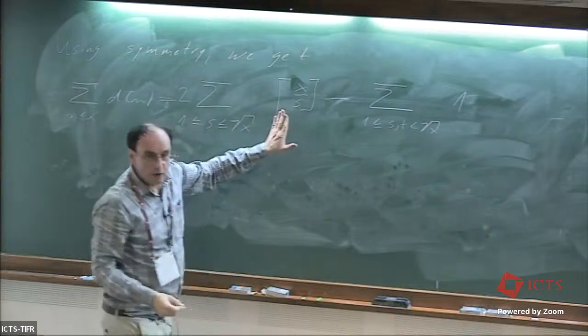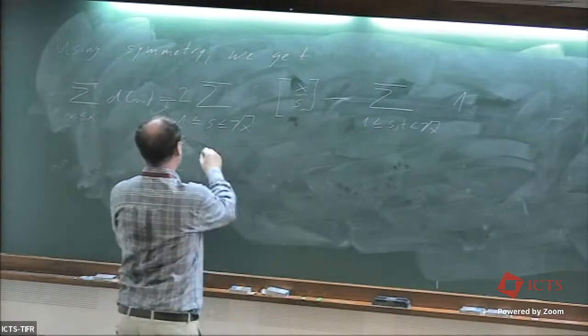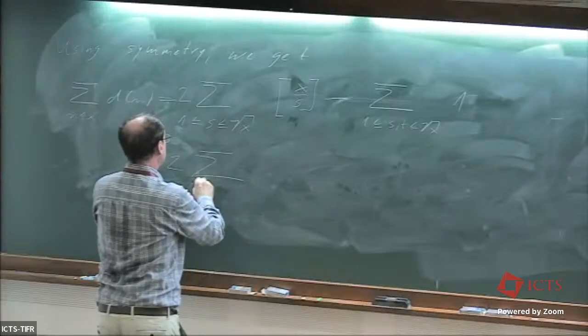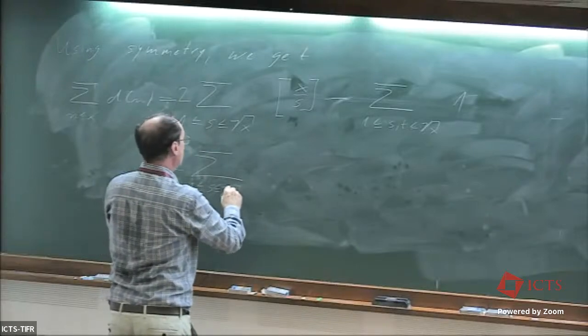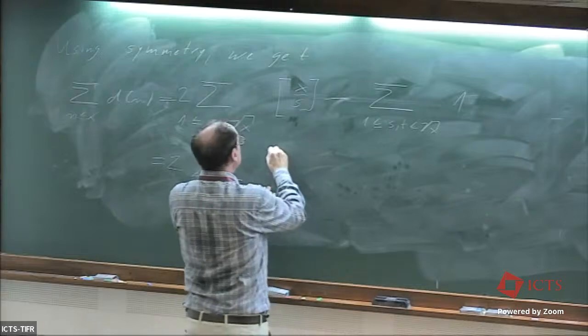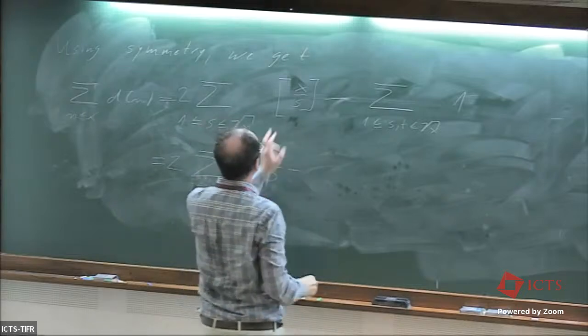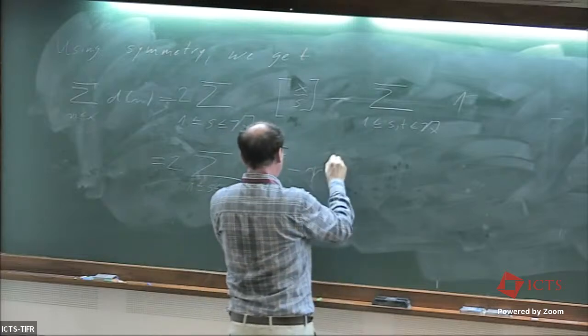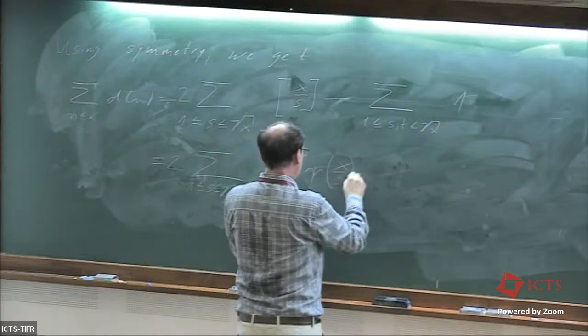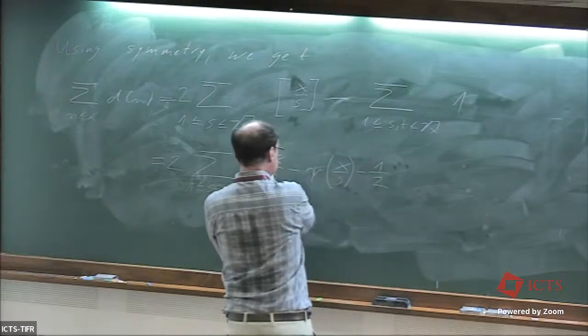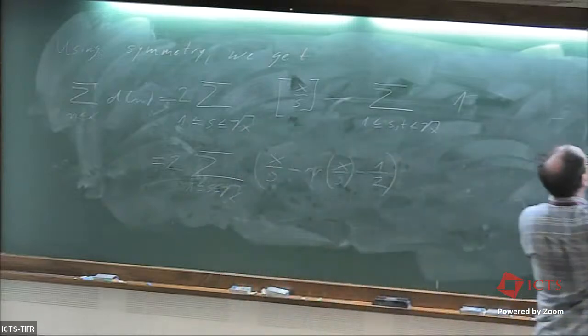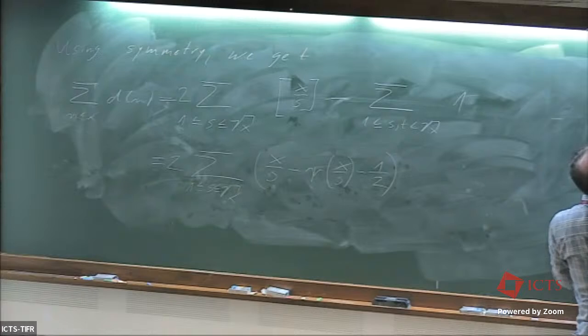Good, and now we approximate this box function here. So this is x divided by s minus psi of x divided by s minus 1/2. So I remind you of that definition.